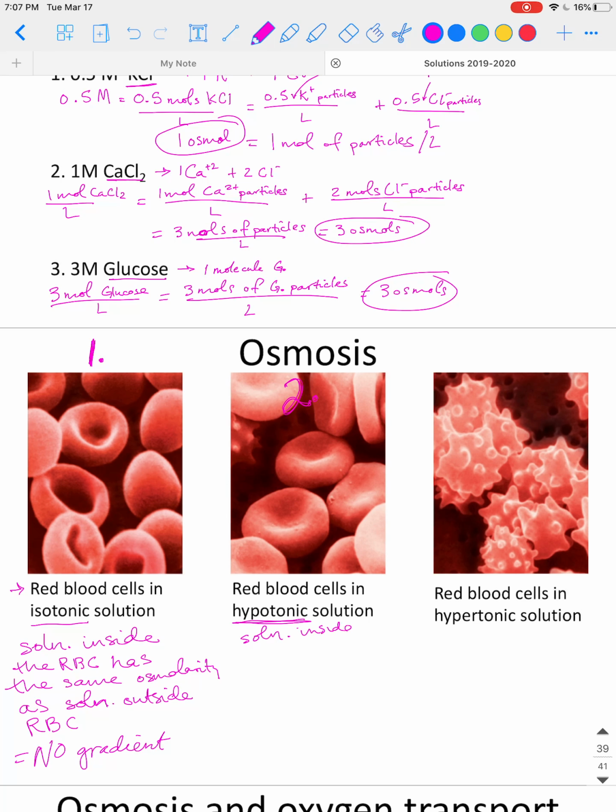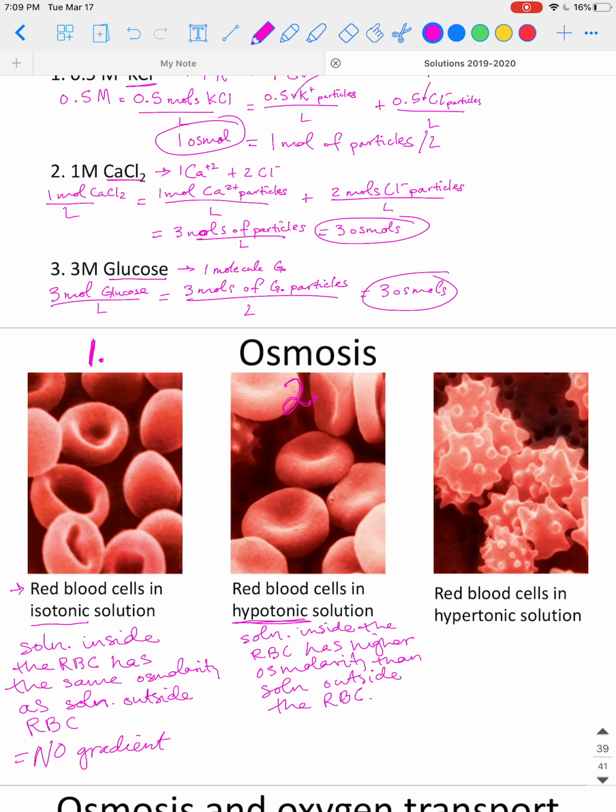That means the solution inside the red blood cells has a higher osmolarity than the solution outside the red blood cells. The solution inside the red blood cells has a higher osmolarity than the solution outside. And what that causes is this solution out here is going to rush in.